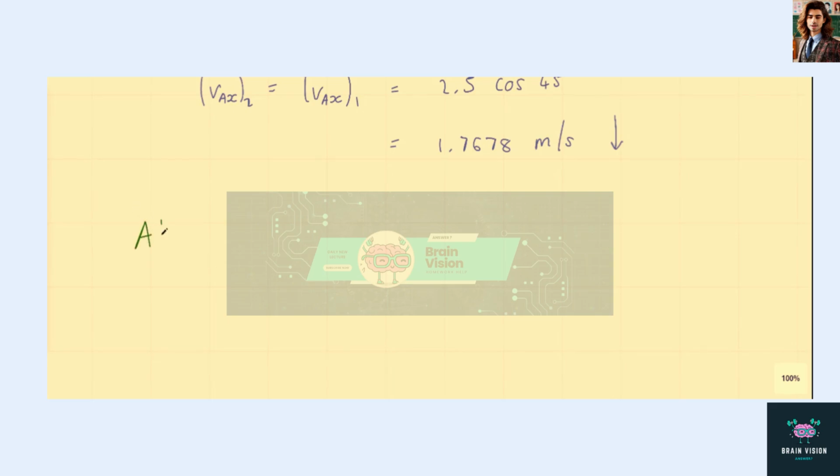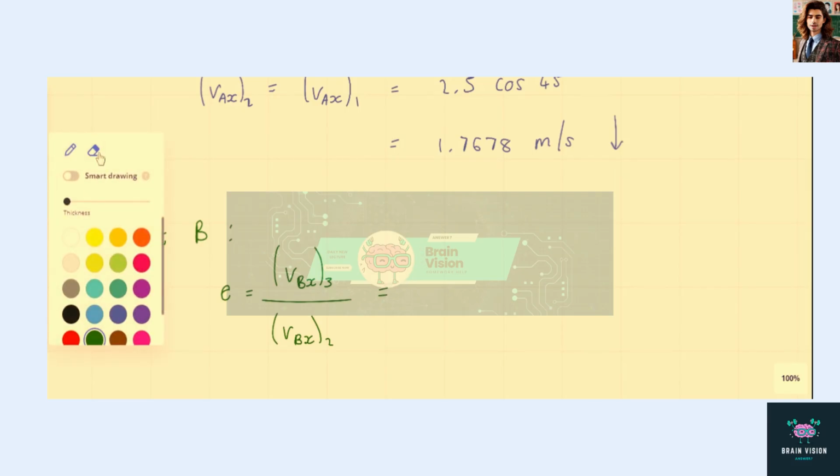Now at position B, we'll do the same. So at position B, the coefficient of restitution E is equal to VBX3 after it collides at point B over VBX2 before its collision at that point.